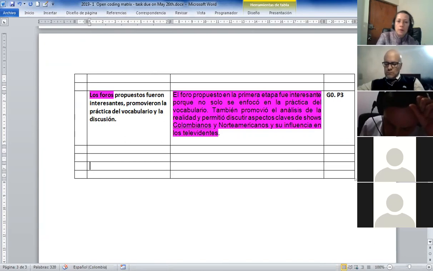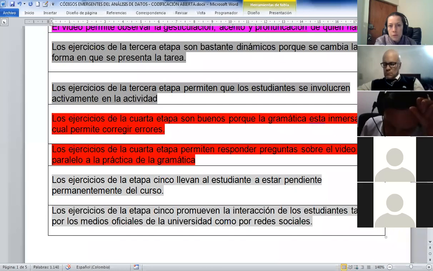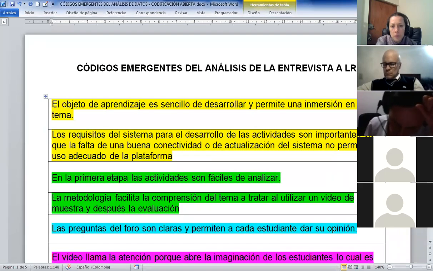With the other file, the name of this file is Códigos Emergentes del Análisis. With this file, you can change colors if that makes the grouping easier for you.